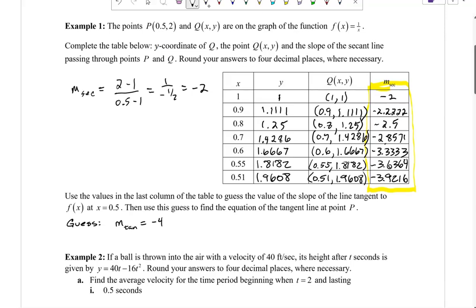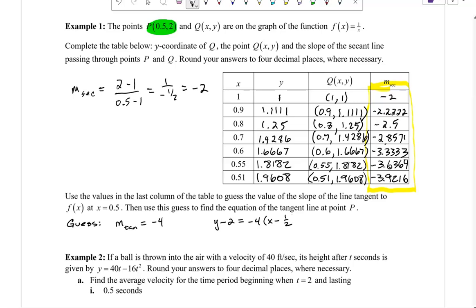Finally, they want us to use this guess to find the equation of the tangent line. And all we're going to do is use this known point for our tangent line and the slope that we guessed. So that gives us y minus 2, the y value from point P, equaling the slope, -4, times x minus 1/2. That is the x value from point P.